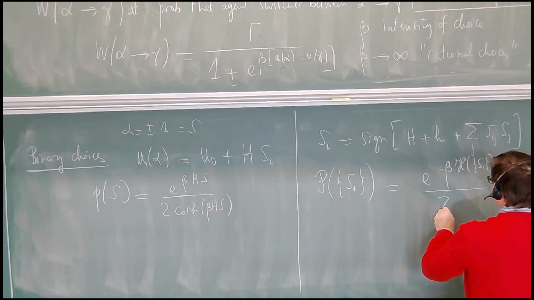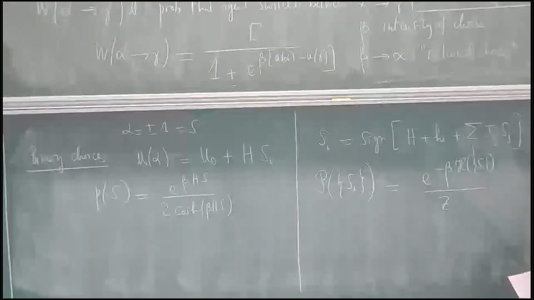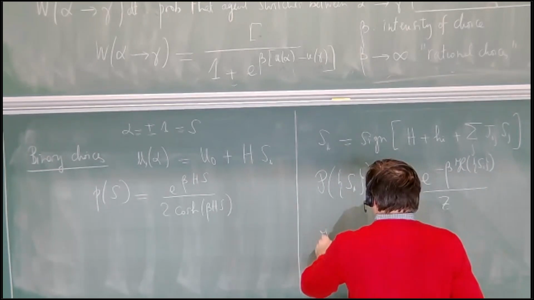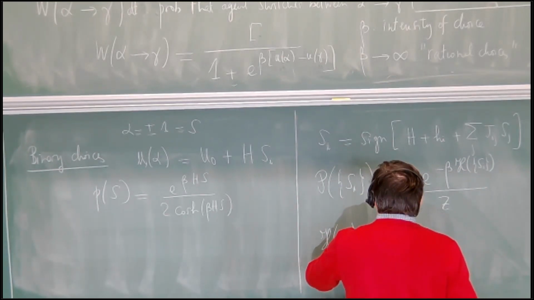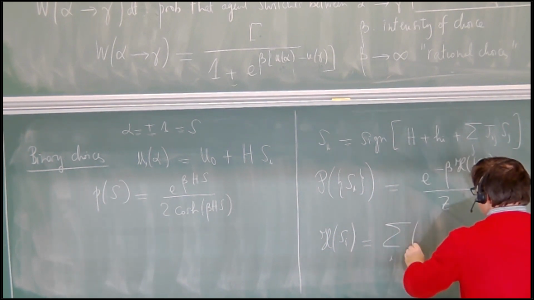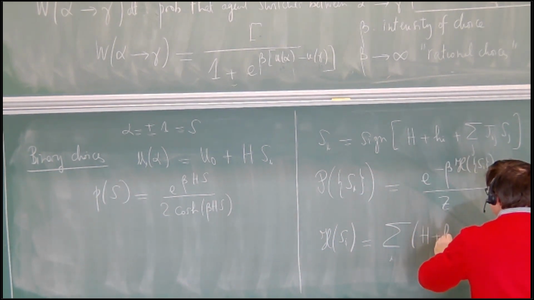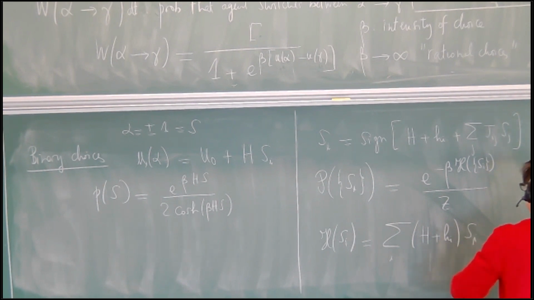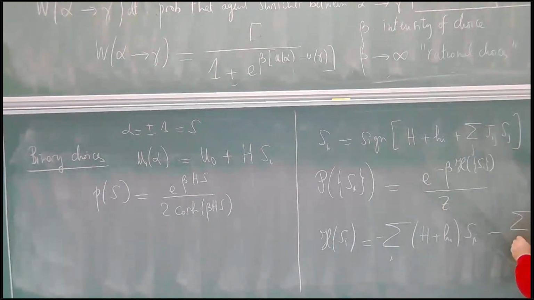divided by some Z, with H of Si, which is equal to minus the sum over i of capital H plus Hi times Si, minus the sum over i and j of Jij Si Sj, with a 1/2 here.